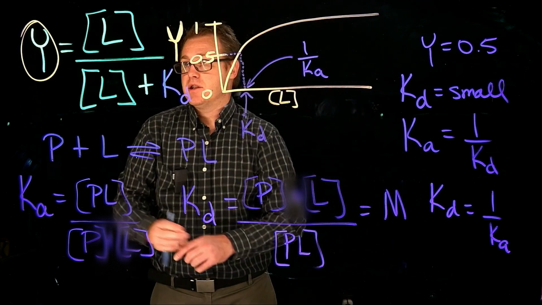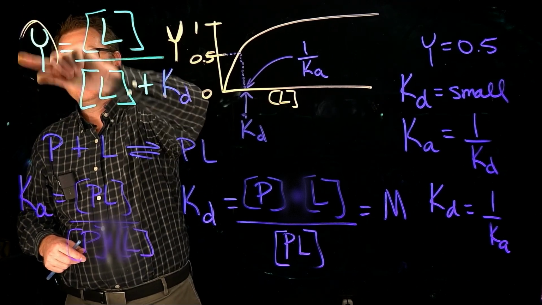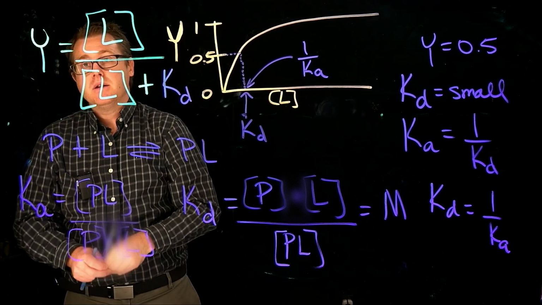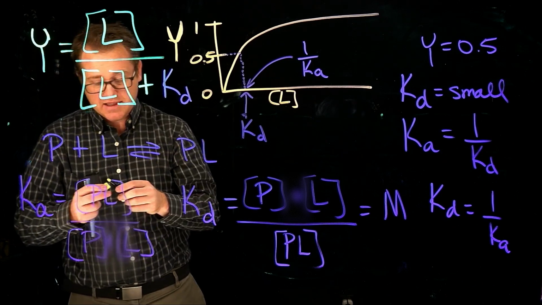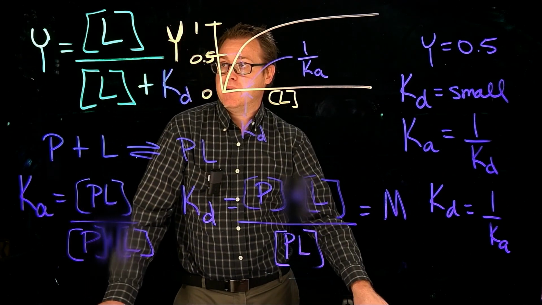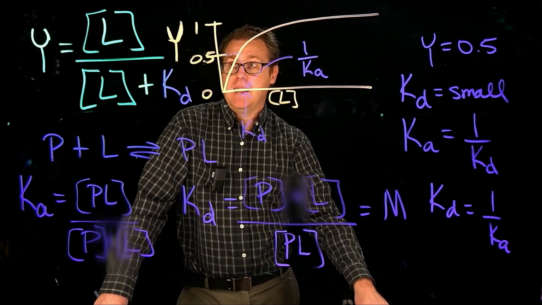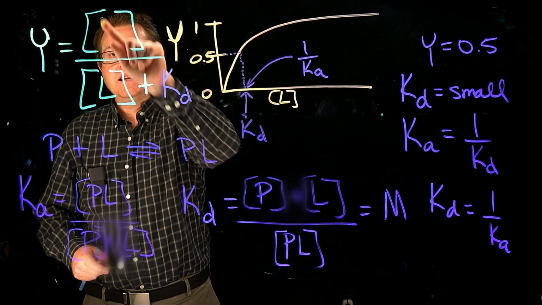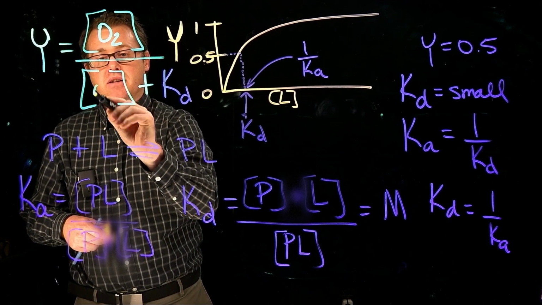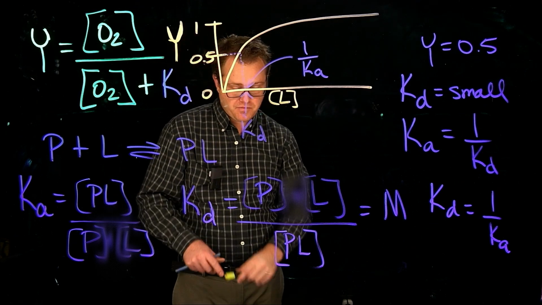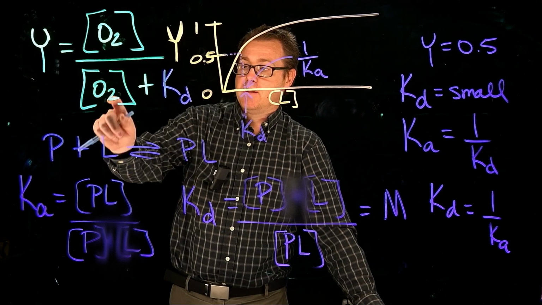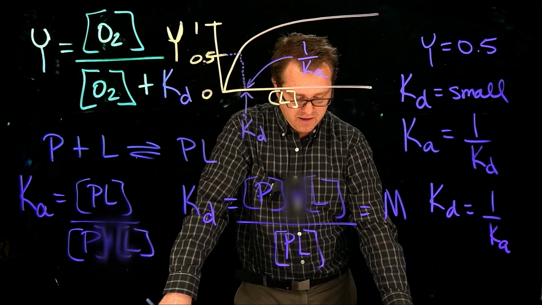Now these equations right here are a general thing for most proteins. But let's come back to myoglobin. Now myoglobin is a protein that's binding oxygen, and oxygen is a gas. And so we need to take this equation and make some adjustments. So we're going to just view it with oxygen for the ligand. We made that substitution right there.